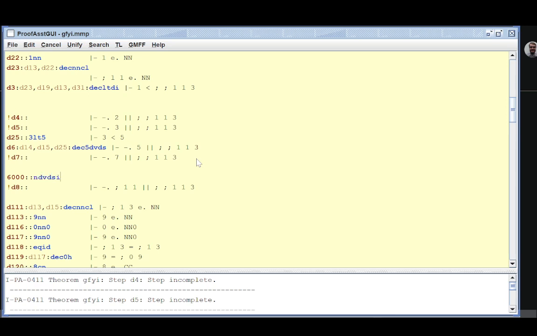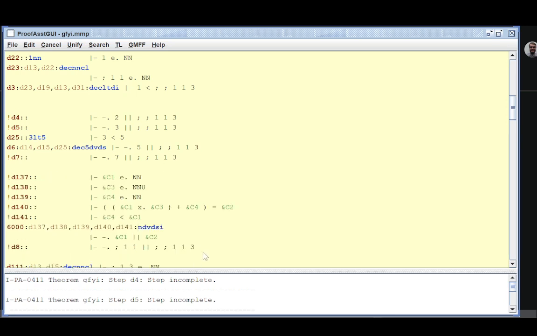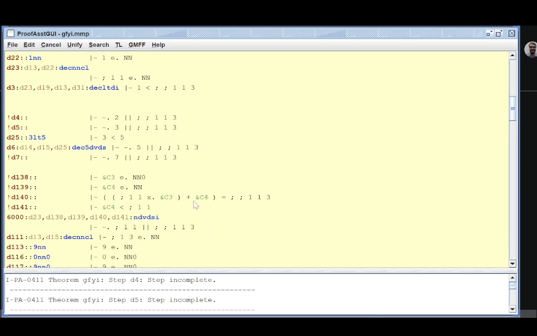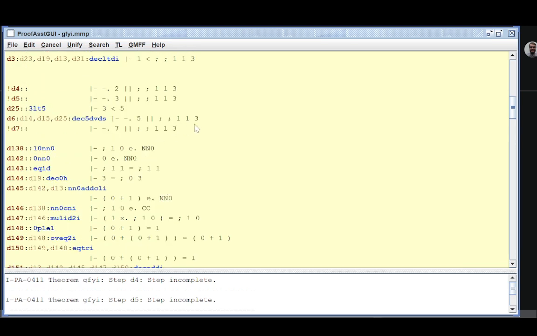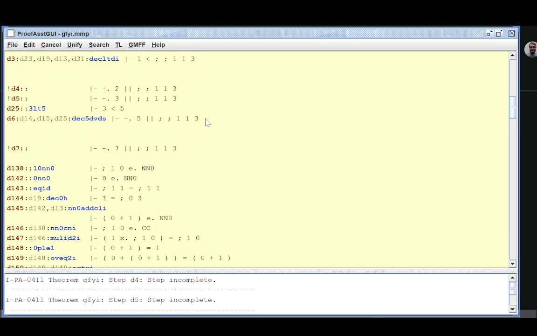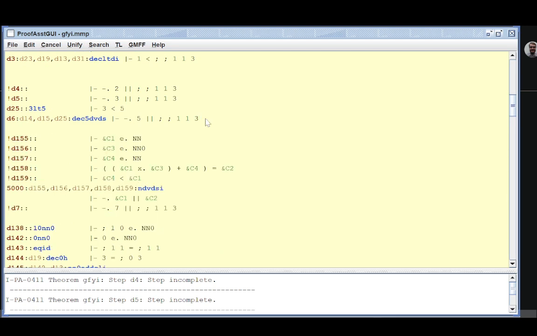And 11 divides 113. This is what I want to prove, please. So I think this is going to go to 110 with remainder 2. No, remainder 3. Yeah. And then this will be 5,000 and 7 divides 113.